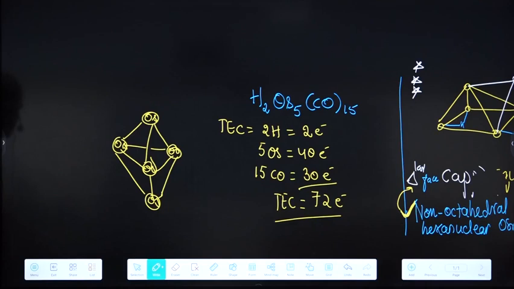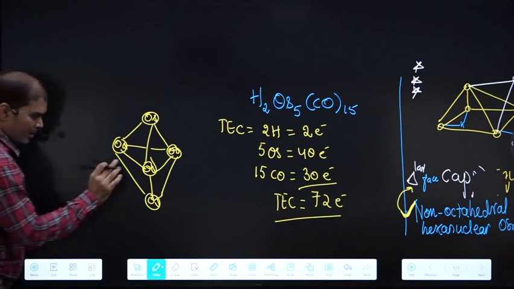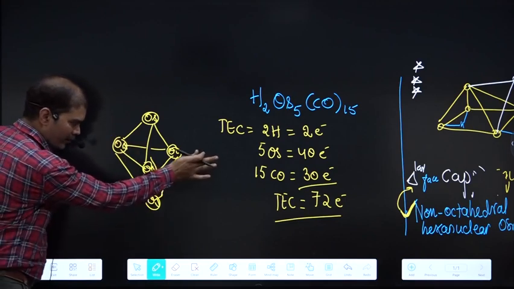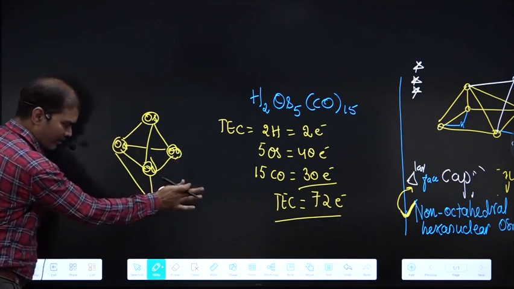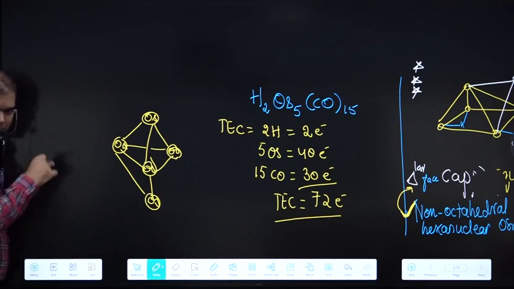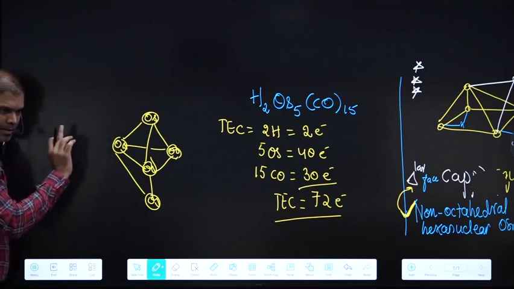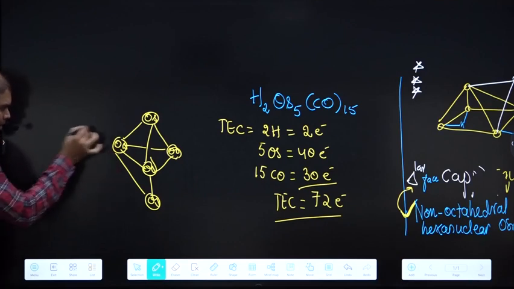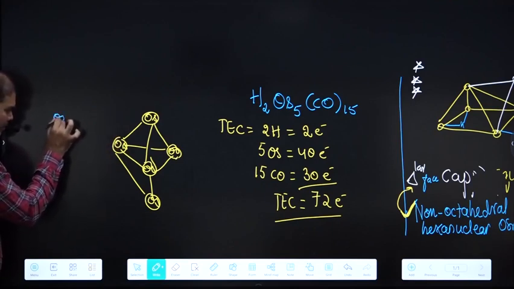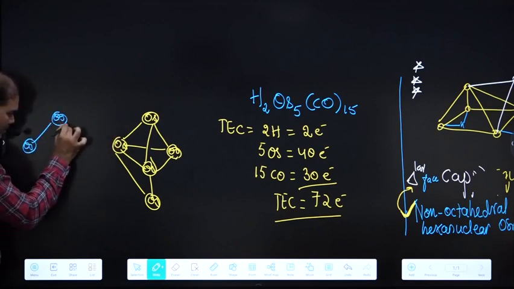Okay. But what structure they found is completely different. Completely different means, now just imagine from a TBP, if I just remove one bond, then how do you see this structure?